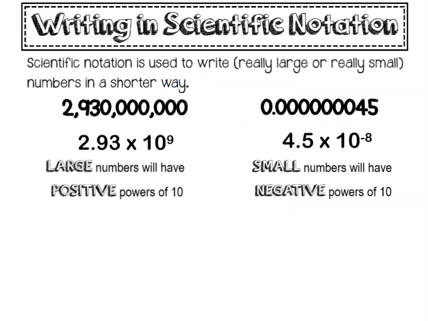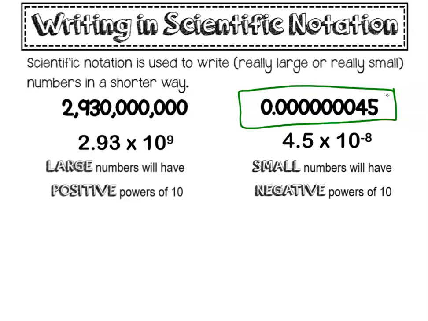One thing you need to know is that if your power of 10 is positive, that means you started with a really large number. And if your power of 10 is negative, that means you were starting with a really teeny tiny number.